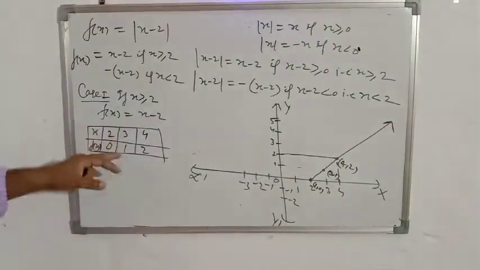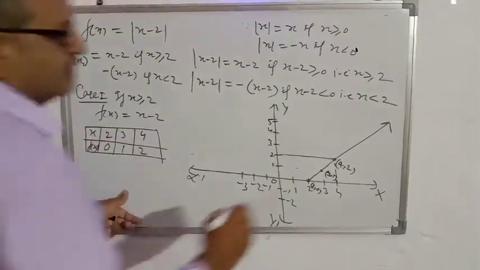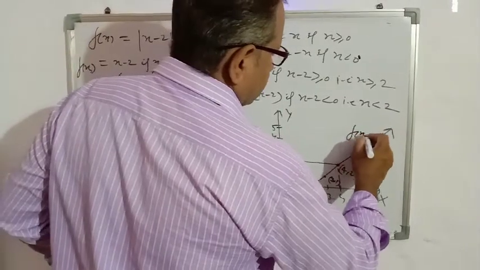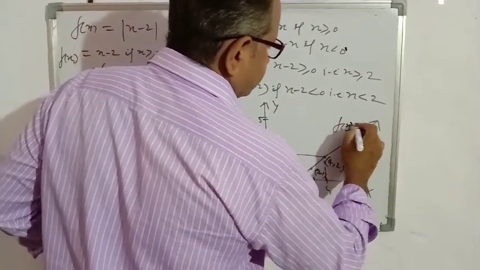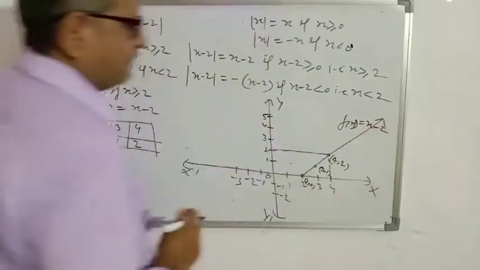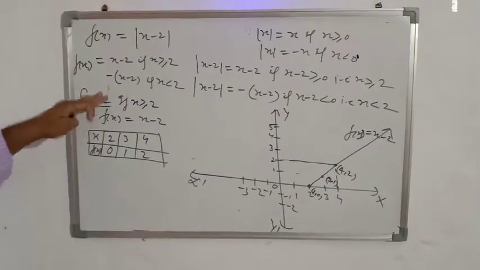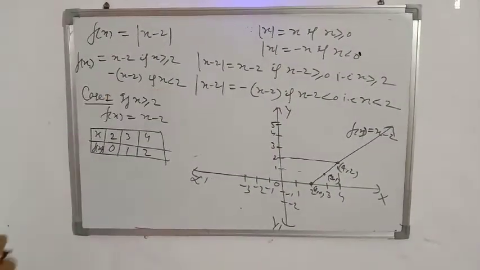This is the graph of f(x) = x - 2. Now we will plot the graph of the second case.